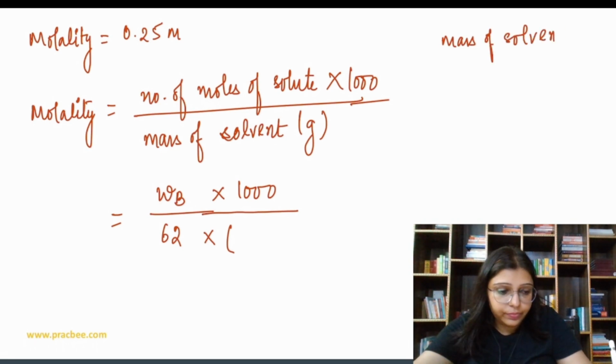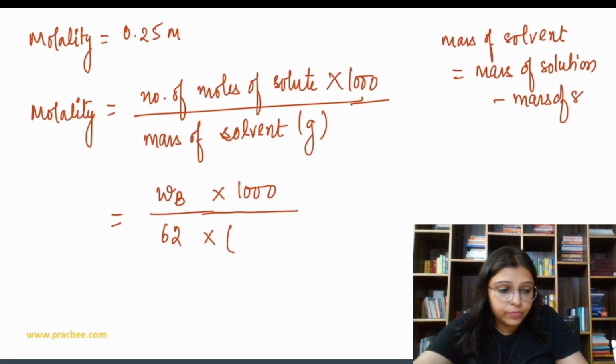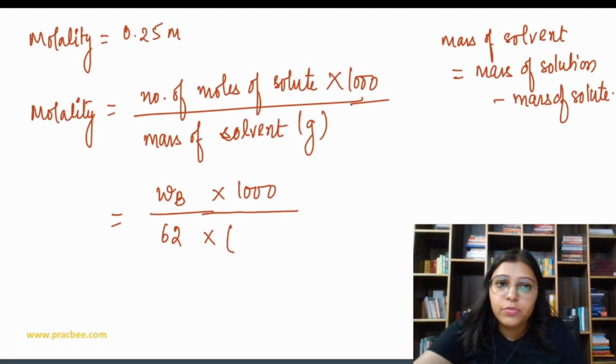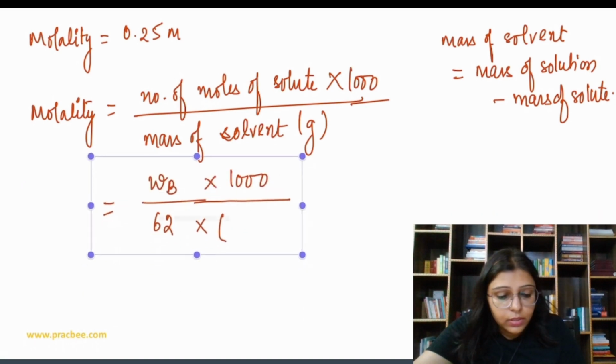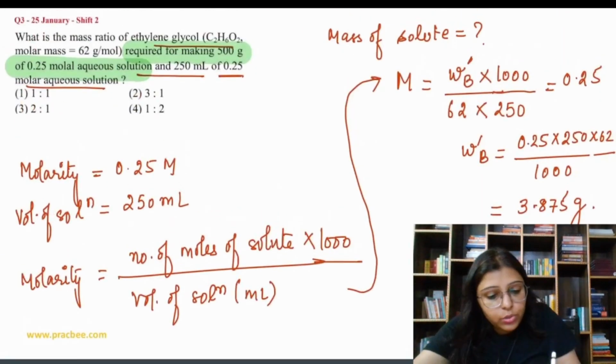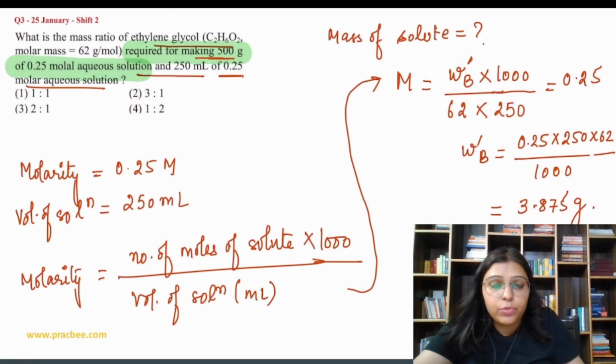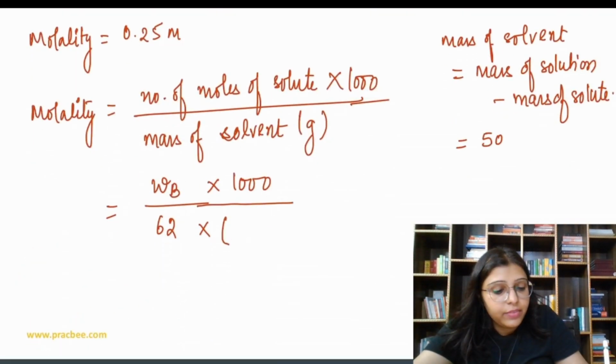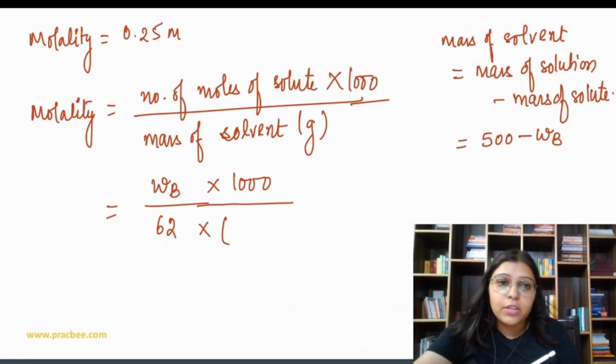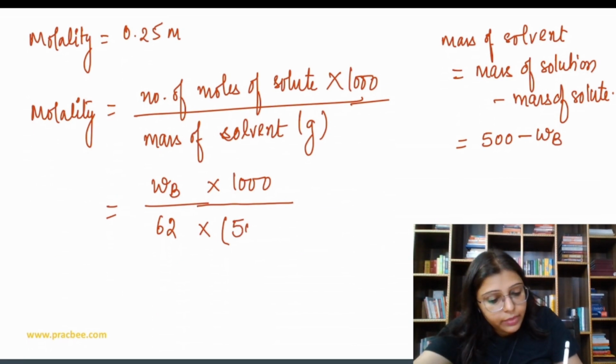Mass of solvent is equal to mass of solution minus mass of solute. Mass of solution required for making is 500 gram, right? So it means mass of solution is 500. So it means 500 minus WB, because mass of solute is WB. So we are going to write 500 minus WB. Clear? Okay, and molality is 0.25.